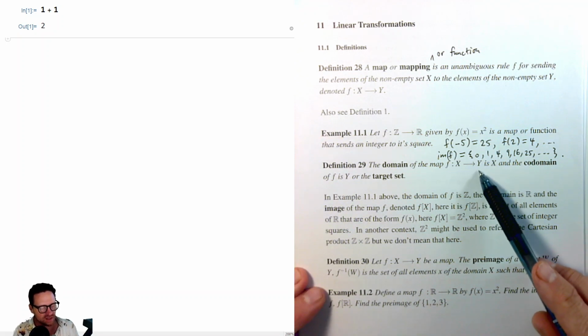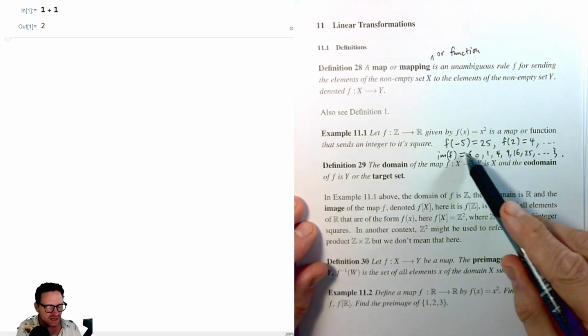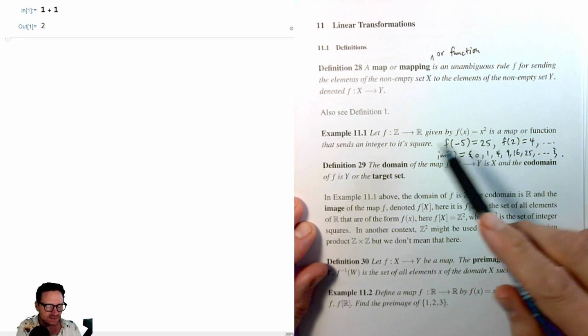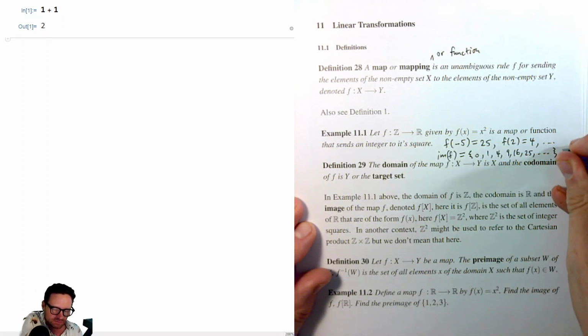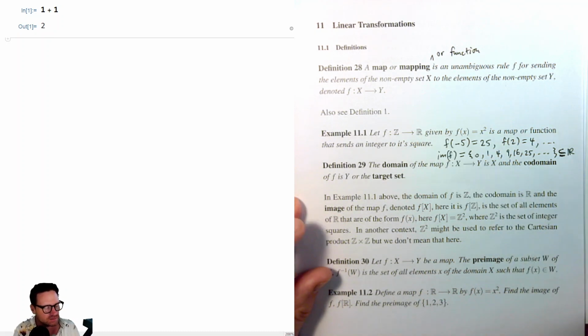But it doesn't mean that the set Y or the codomain is equal to the image, because in this case, have a look, the image is a subset of the real numbers. But it's not necessarily equal to that set on the right.